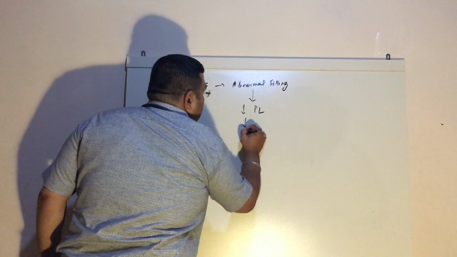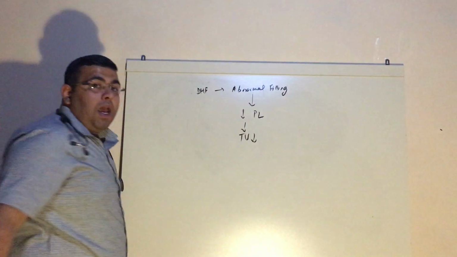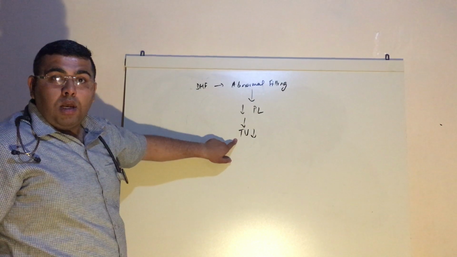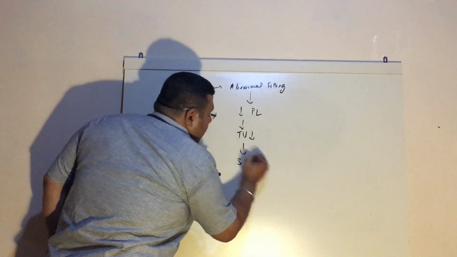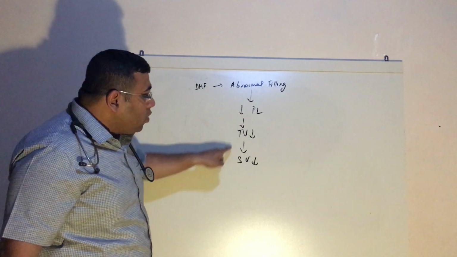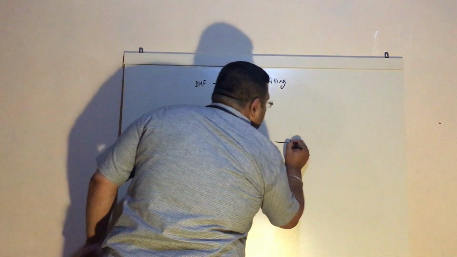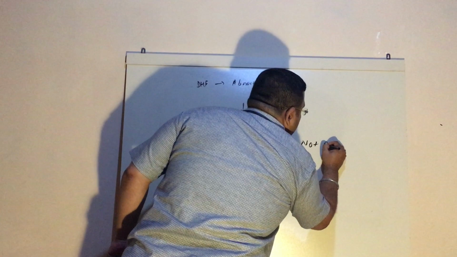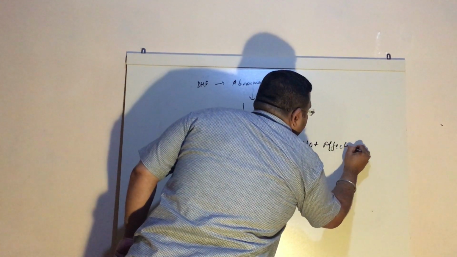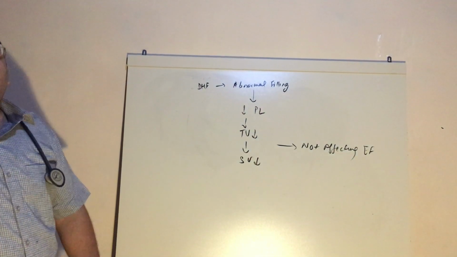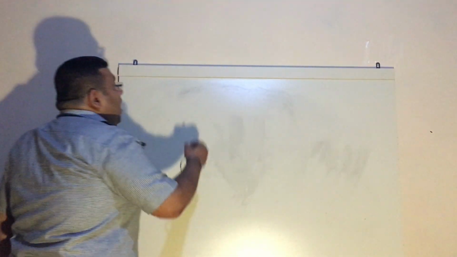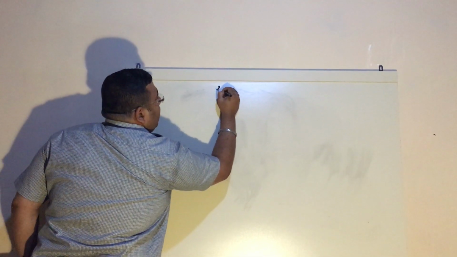So preload is decreasing, and that's why the total volume is also decreasing. And when the total volume is decreasing, of course the stroke volume will be decreasing too, right? Because these two values are both decreasing, they are not affecting our EF, right? So that's why the EF is maintained in diastolic heart failure.